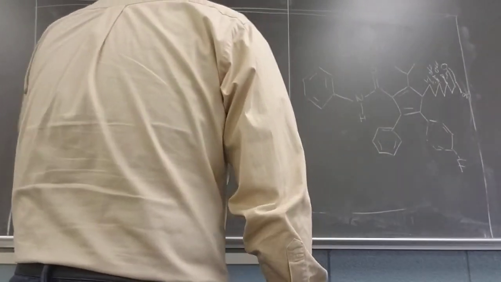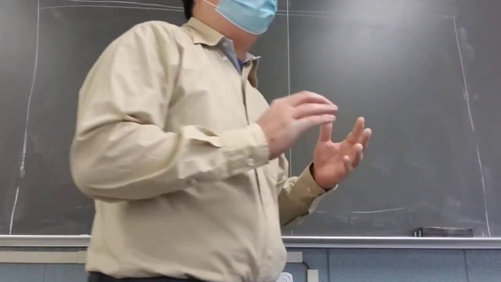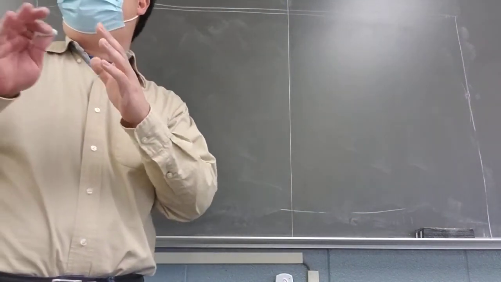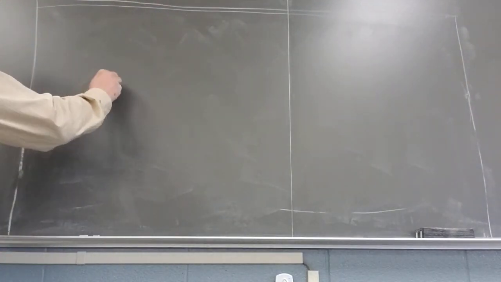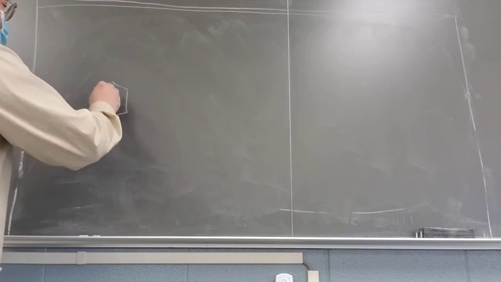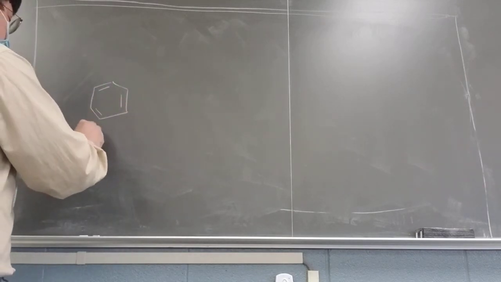So there are a few more things we can do with the nomenclature. Before we hit any part of nomenclature, let's try to hit a little bit of the fundamental base first. As you know, you can always start with benzene to start the name. So this is benzene.